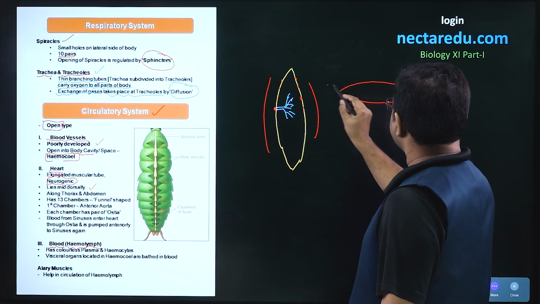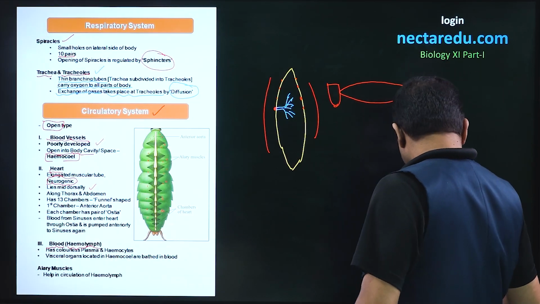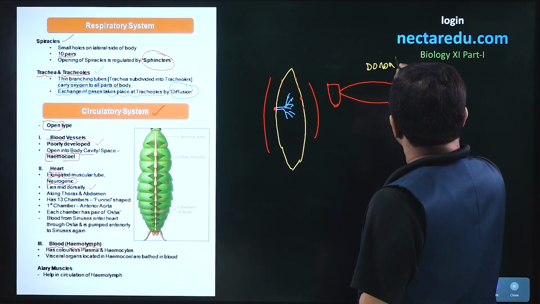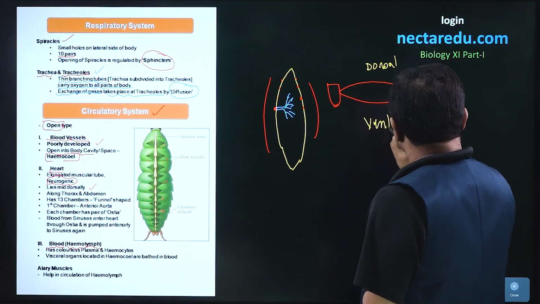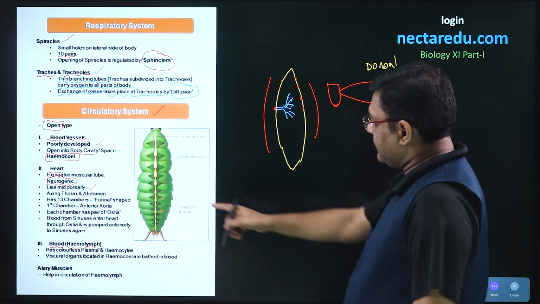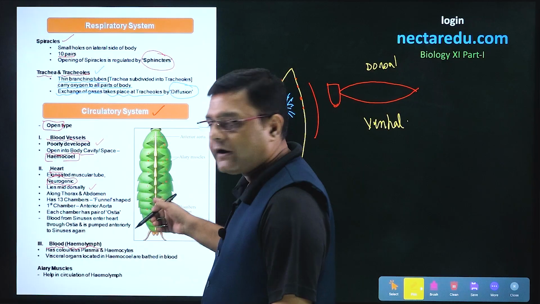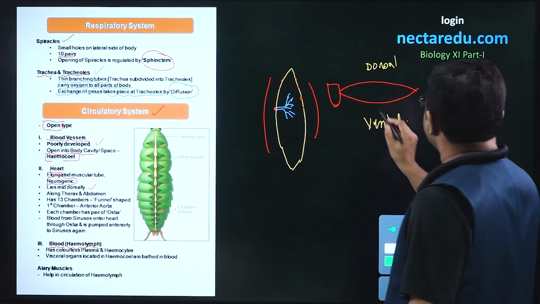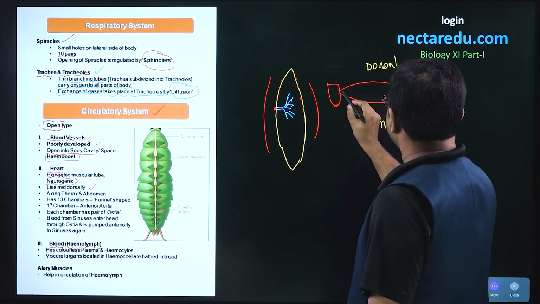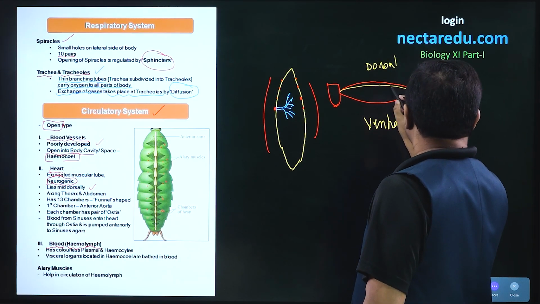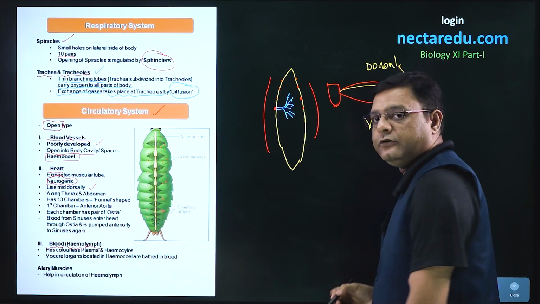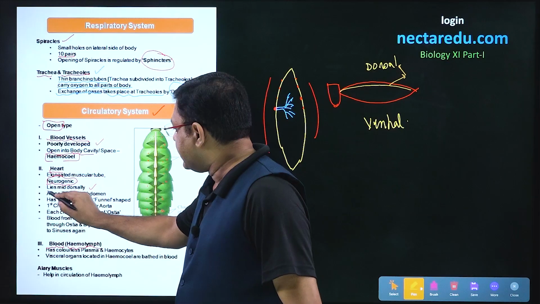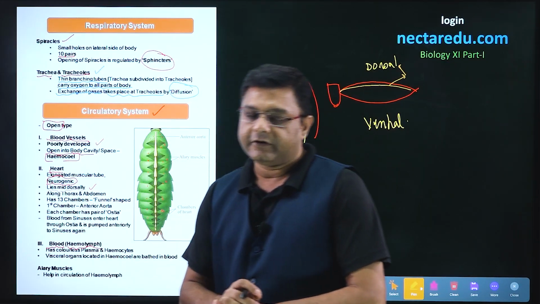If this is the body of cockroach, the upper surface will be the dorsal surface, and the bottom surface will be the ventral surface. Now this particular heart or elongated muscular tube is present on the dorsal side. So this tube will be present something like this, that is, it will be present dorsally and in the middle. So we say that it lies mid-dorsally.